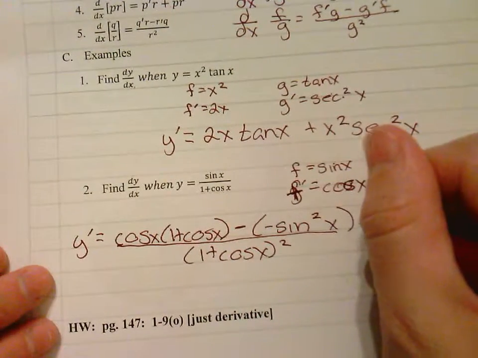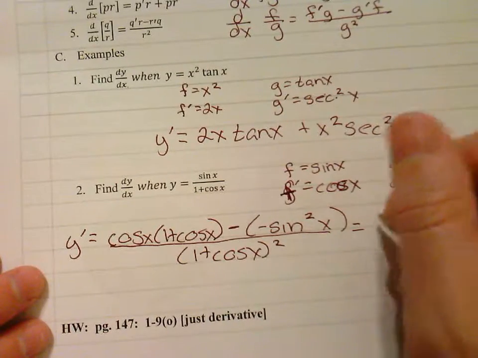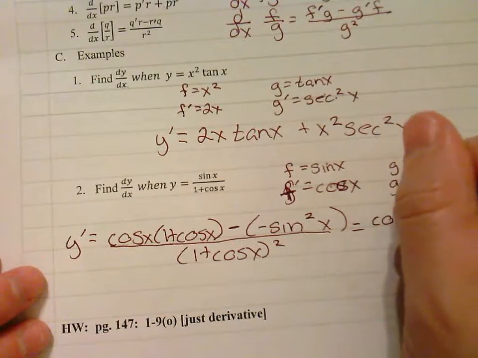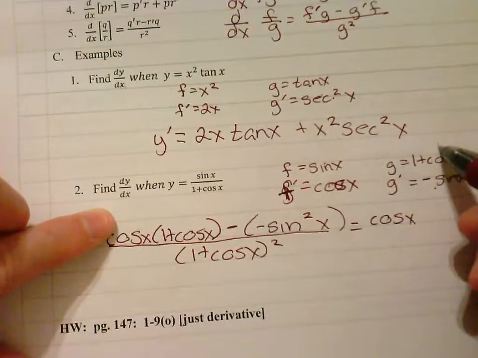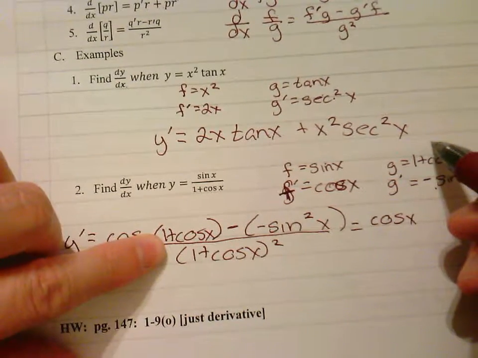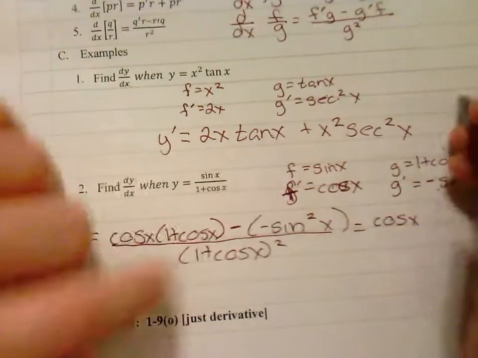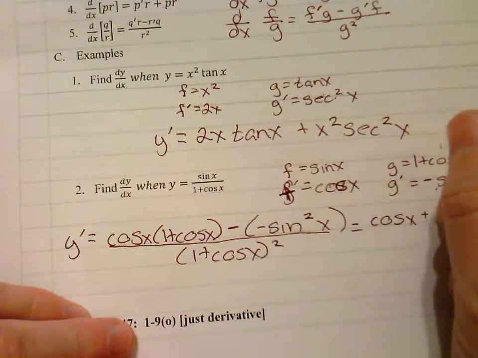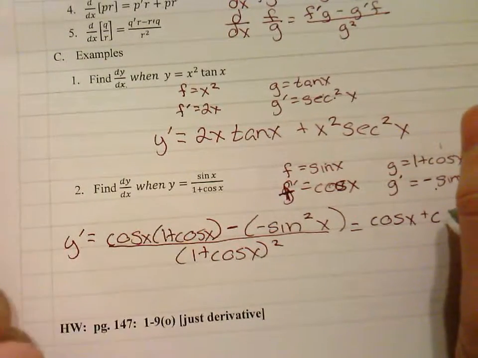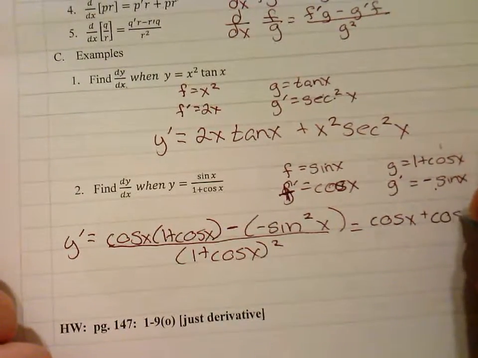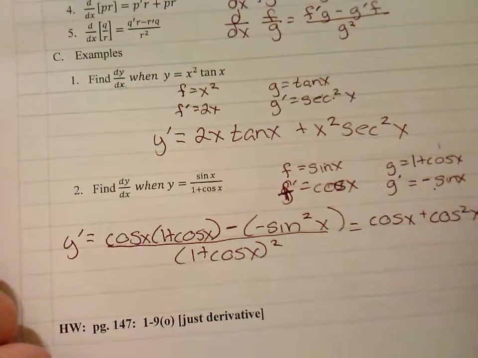So you get cosine x, and distributing the cosine, so cosine x times 1 is cosine x. Cosine x times cosine x is cosine squared x, just like x times x is x squared, plus sine squared x.